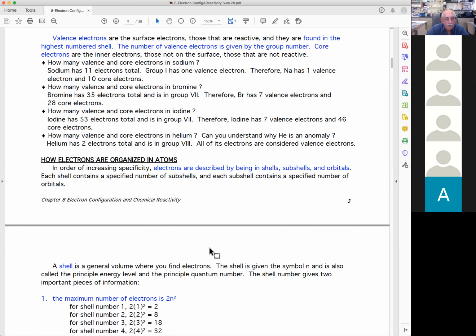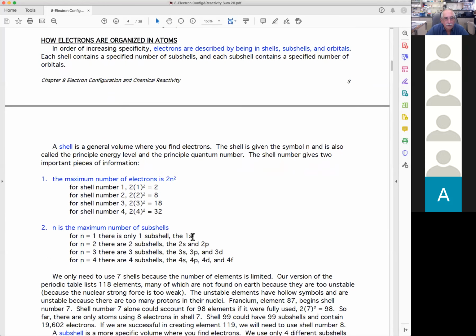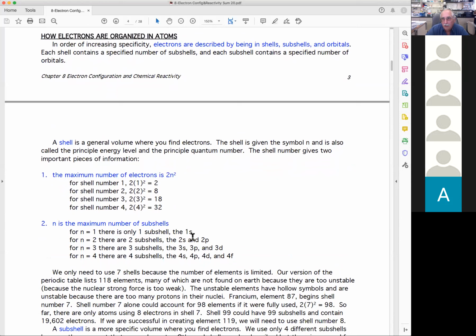So we're going to go over this again on Monday. We have only a few minutes, but I want to give you the big picture so we can dissect the big picture in a little bit more detail on Monday. So electrons are found in shells, subshells, and orbitals.